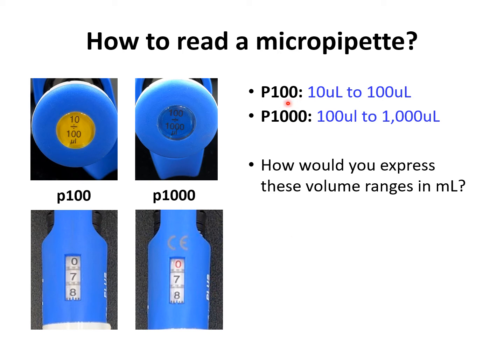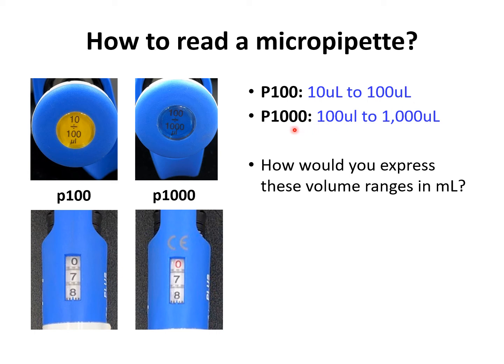So the P100's minimum amount that it can measure is 10 microliters. By the way, what's 10 microliters in terms of milliliters? That's 0.01 milliliters, right? The maximum it can measure is 100 microliters, which in terms of mils is 0.1 mils.